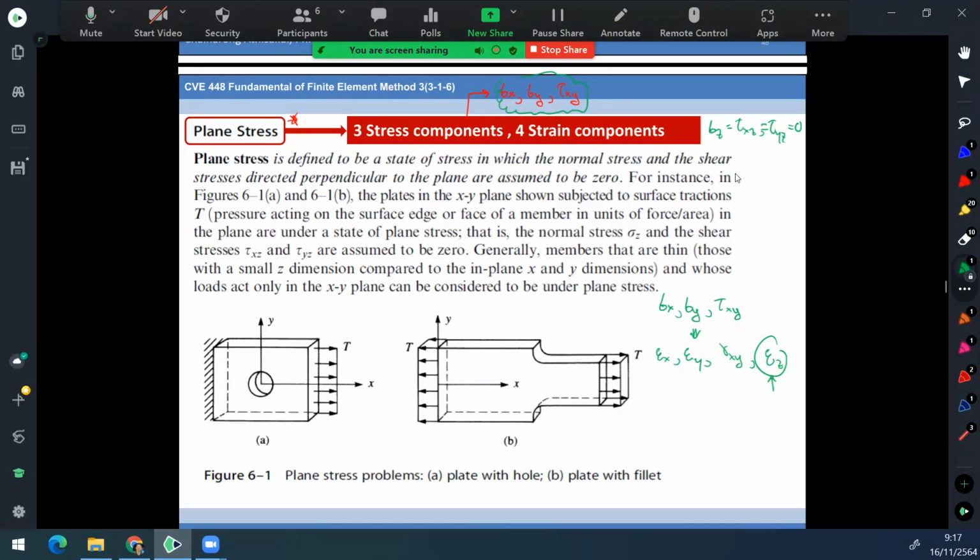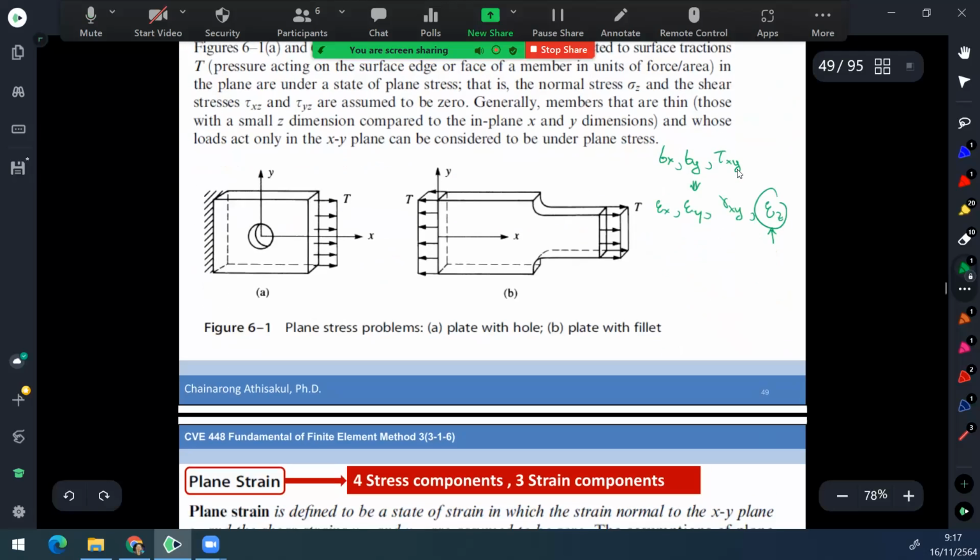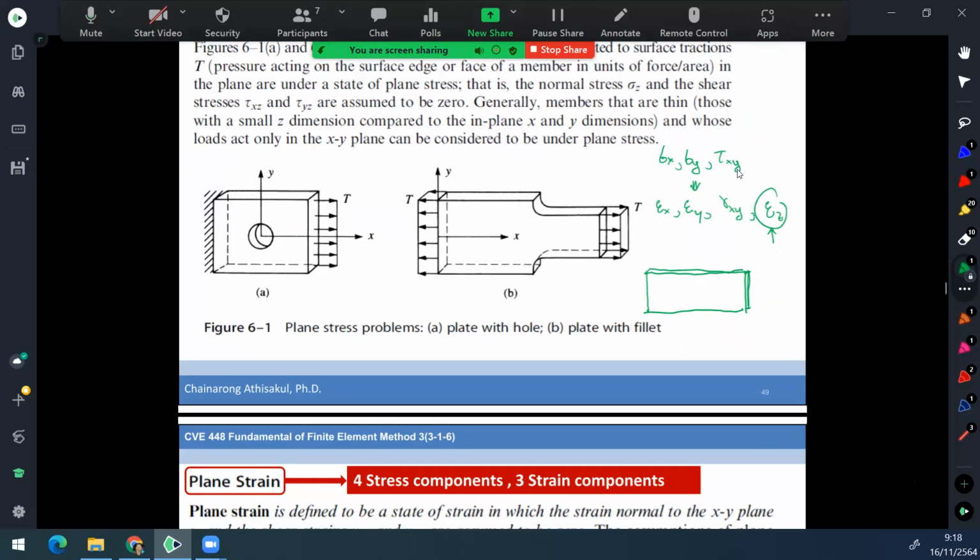What is this type of problem? If we consider a thin plate, like a plate subject to strain, we may focus on this. Maybe consider we have a plate, and we would like to test its strength. We apply this plate to the universal testing machine, right? We clamp it and apply force.